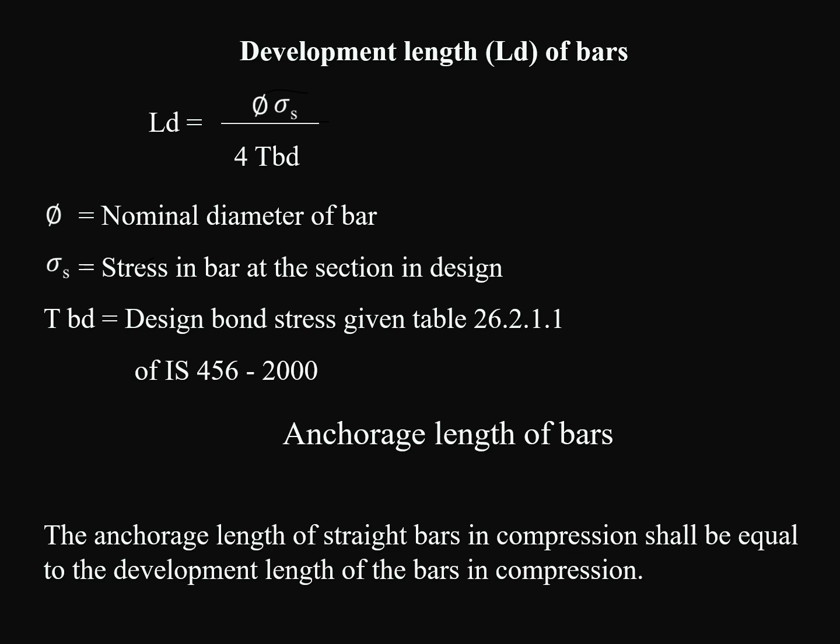Phi is equal to nominal diameter of the bar, whereas sigma s is stress in bar at the section in design. Tau bd is design bond strength, stress given in table 26.2.1.1 of IS 456. Anchorage length of bars. The anchorage length of straight bars in compression shall be equal to the development length of the bars in compression.